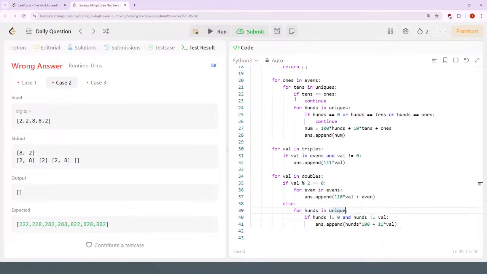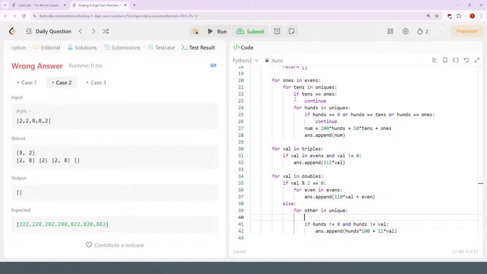So the double value is, okay, let's say this is the other value that's not the double value.